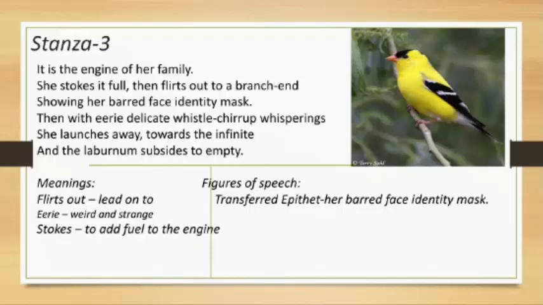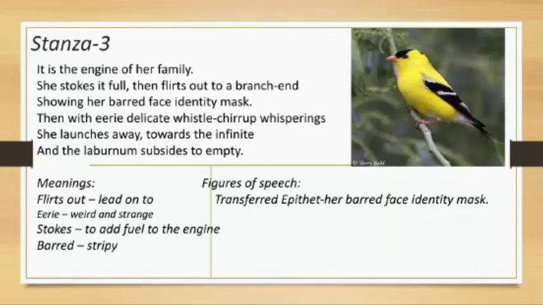Now what is the meaning of barred? Barred means stripy. Stripy means something which has stripes, right? So it doesn't mean that the face of the bird had stripes. It means that now in this pandemic we all have experienced what a mask is.